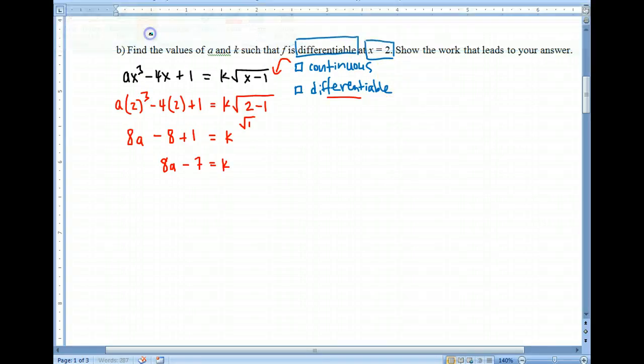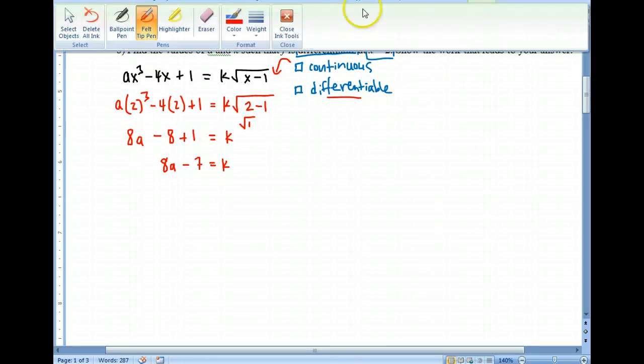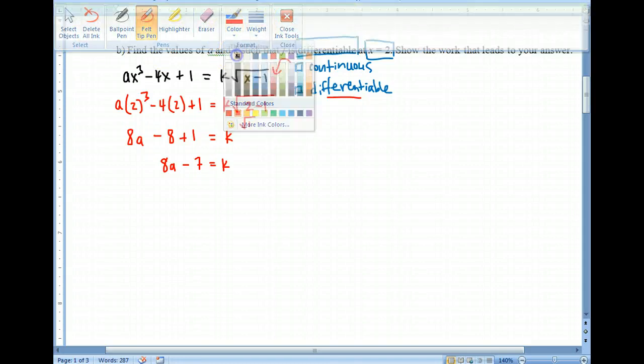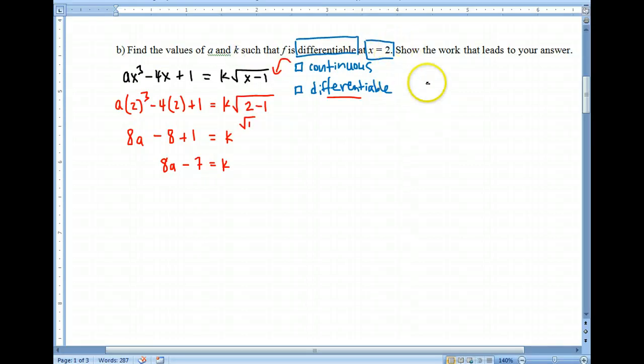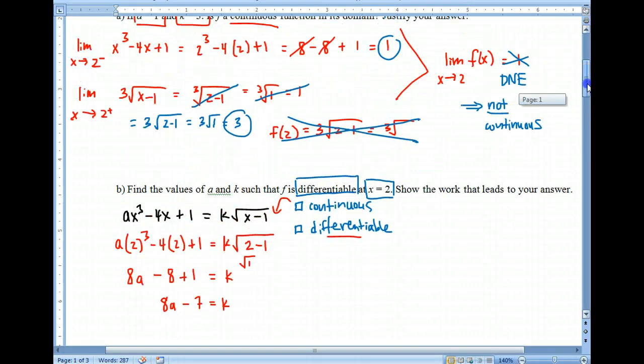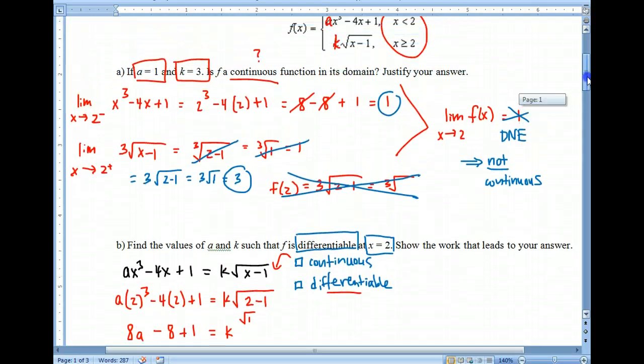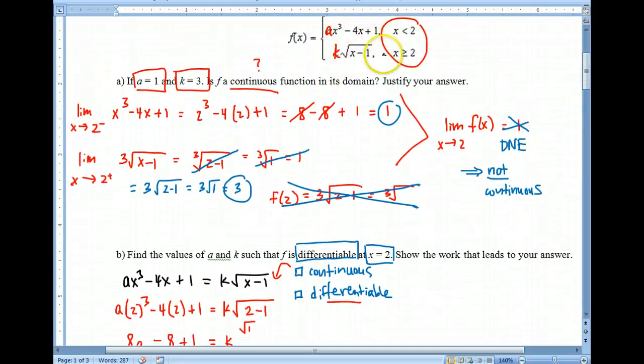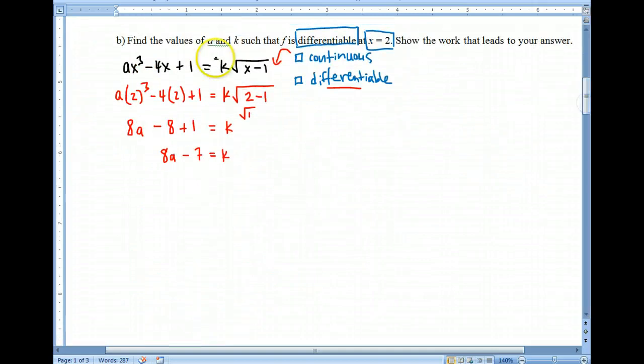So what needs to be equal to each other? The slopes. So what would the slopes be if I take the derivative of each one of these? Let's look over here.